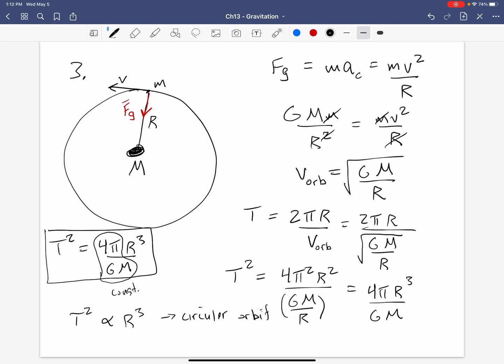If it was for an elliptical orbit, we would say T squared is proportional to a cubed. So this here is the big takeaway from the third law: the period squared is directly proportional to the semi-major axis cubed.